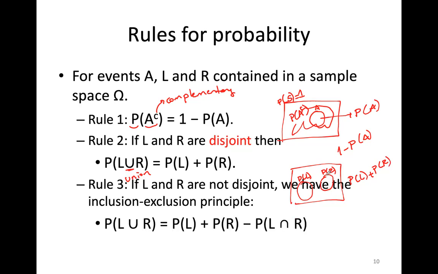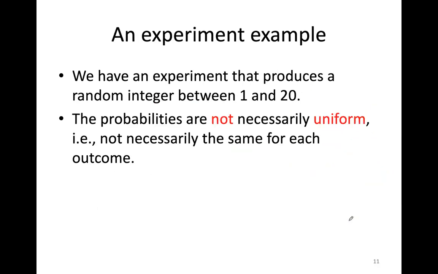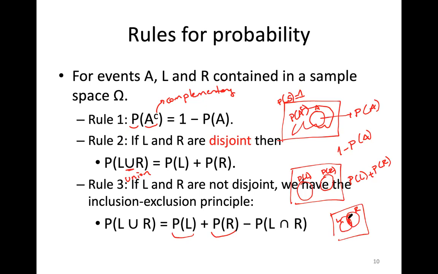If they are not disjoint and have an intersection between left and right, then it should be the probability of L plus the probability of R minus the intersection.